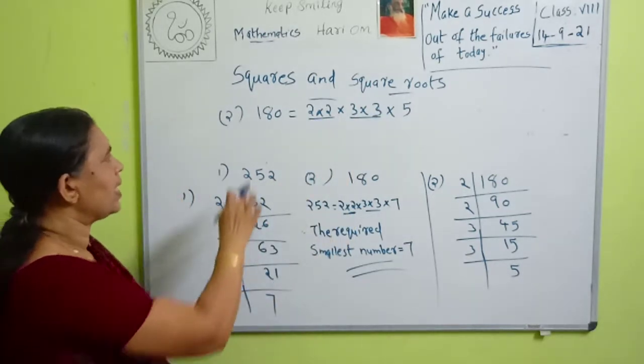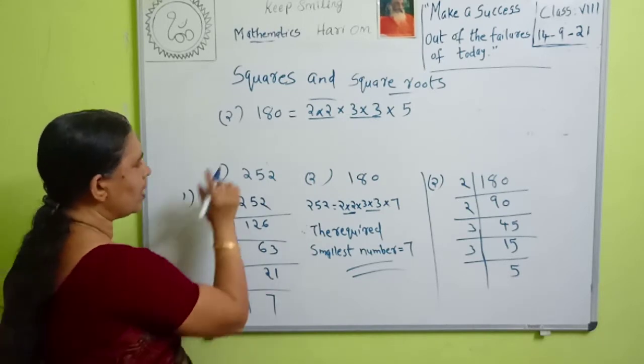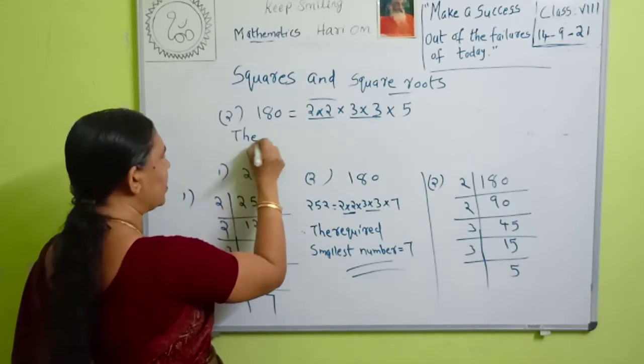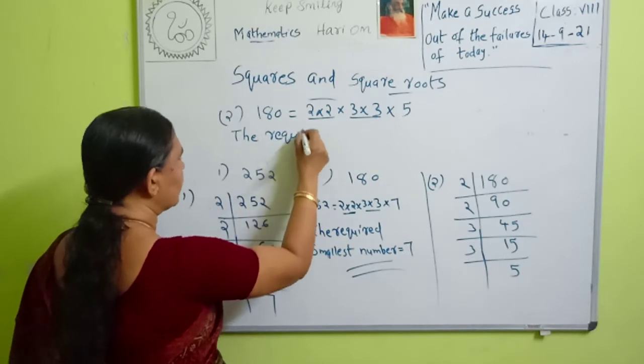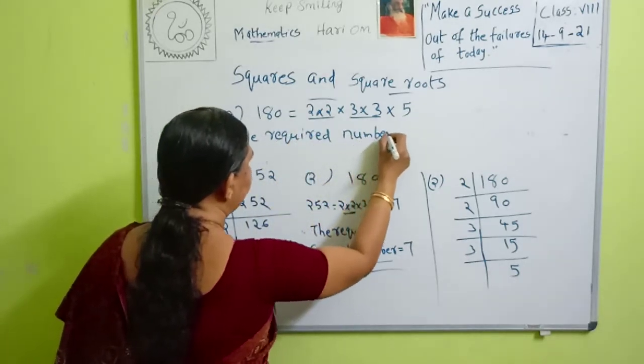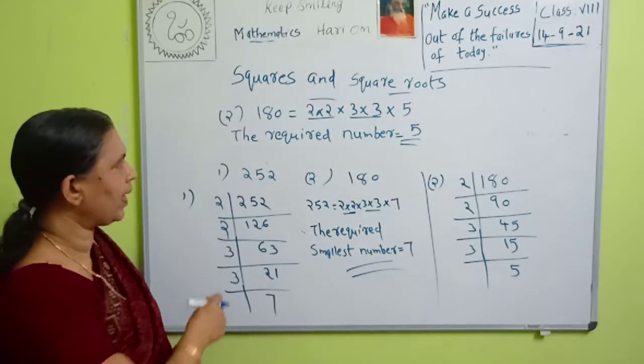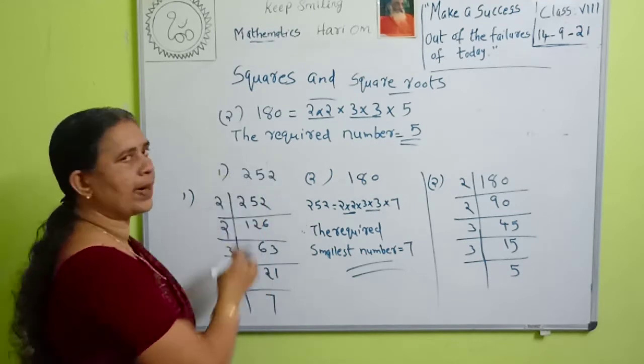To make this a perfect square, we have to divide the number by 5. So what is the required number? Therefore the required number is equal to 5.